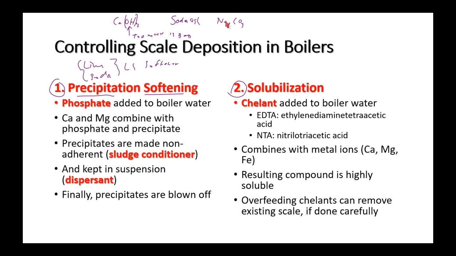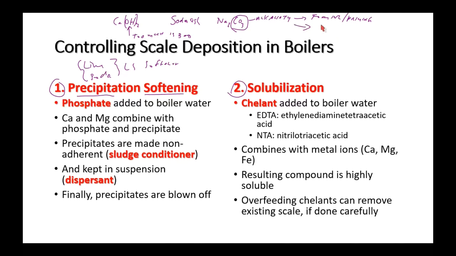Na2CO3. And yes, we can use this to deal with some hardness that enters the boiler. But the big problem is what this does to alkalinity, because CO3 is alkalinity. And we don't want too much alkalinity, because too much alkalinity will cause foaming of the boiler water and priming, where we start to get water into the steam.